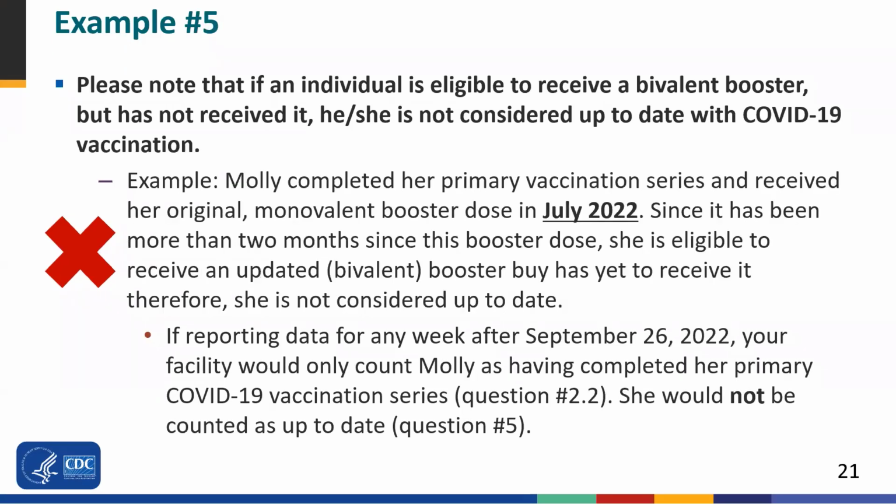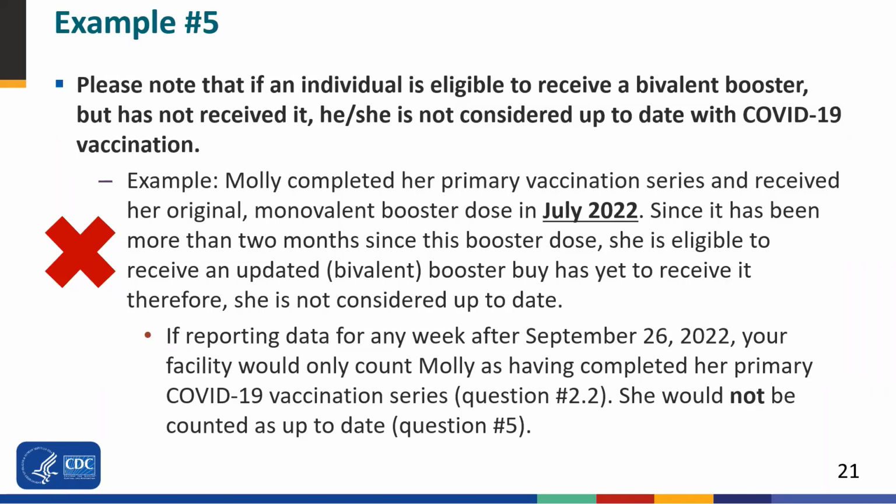Here's another example for an individual who is not considered up to date. Molly completed her primary vaccination series plus her monovalent booster dose in July and is eligible to receive an updated bivalent booster dose, but has not done so. Is Molly up to date? Molly is not up to date because she has not received an updated bivalent booster dose, although she is eligible.